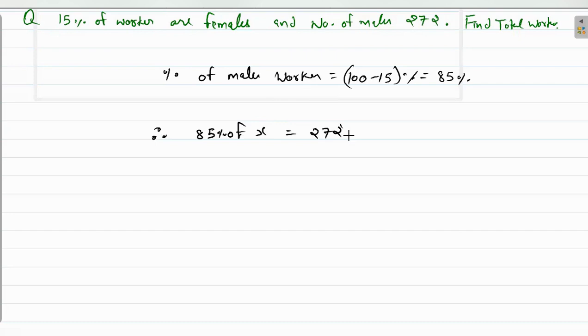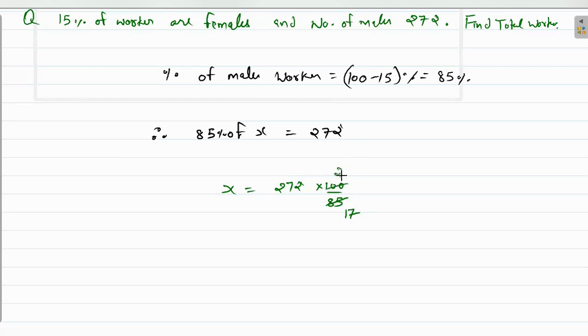Then x will be equal to what? 272 times 100 over 85. Then at what number will you cut it out? 85 at 5, at 17, if you cut it by 5.